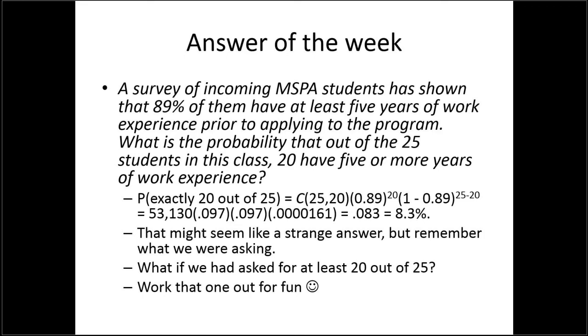If you set that up correctly, you'll get about an 8% chance that exactly 20 out of 25 analytics students have at least 5 years of experience. And again, those are made up numbers. I'm not basing this on anything that the admissions office has given me. This might seem like a pretty low number, but remember, we're asking for exactly 20 out of 25.